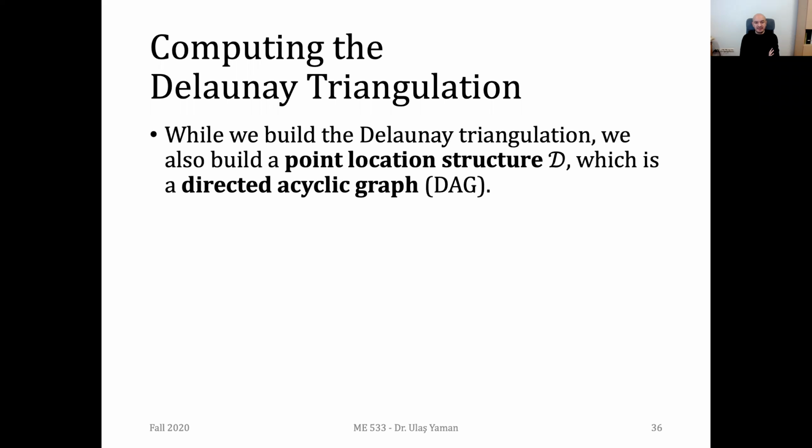Now let's have a look at this detail, how we are going to find a triangle, what type of data structure we should use for that purpose. And as you see, it suggests that we use a point location structure. And for that, we prefer to use a directed acyclic graph. Which means that you have points, and these are directed.